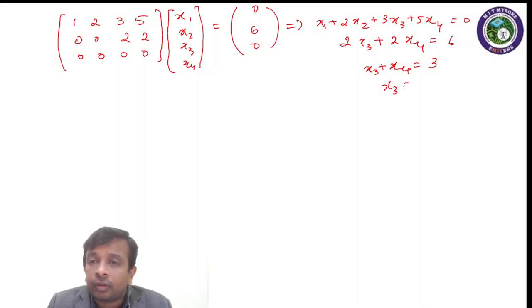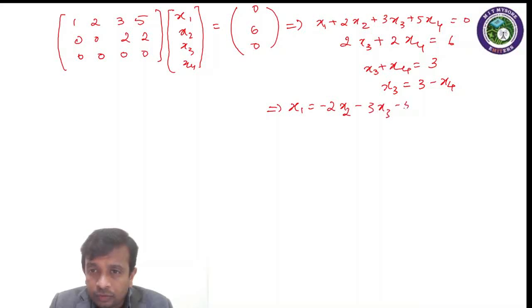x3 is equal to 3 minus x4, and if I have to write x1 again, x1 is minus 2x2 minus 3x3 minus 5x4. Back substituting the value of x3 from here, I get minus 2x2 minus 3 times 3 minus x4 minus 5x4.